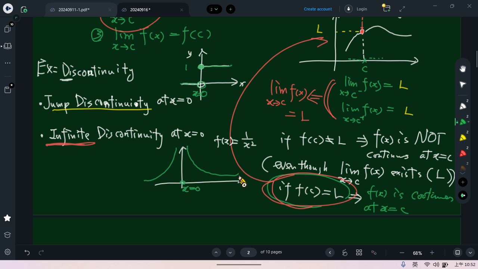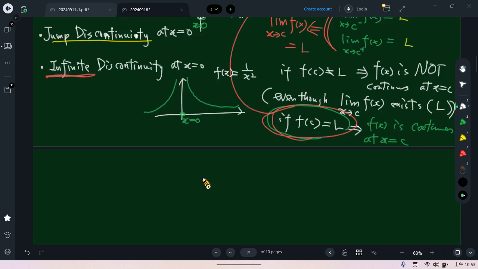And when x is approaching 0 plus, the function value also reaches positive infinity. So finally, they just reach infinity. It's not a meaningful number, so we will say it's an infinite discontinuity.